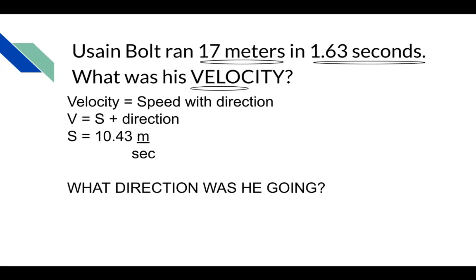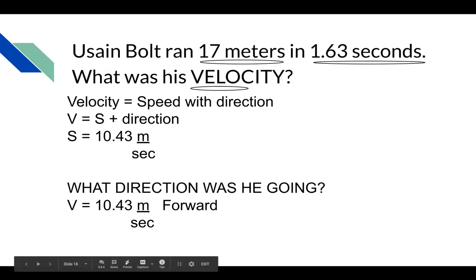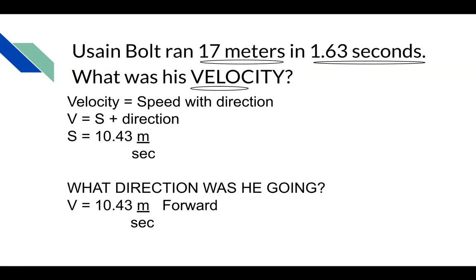Good. I realize you guys are all taking notes, and so you can't do two things at once. Let's see. Sharon, what direction was Usain Bolt going? Forward. He was going forward. The problem didn't give us any direction, so we would just add a logical direction of going forward for his velocity. So again, speed, just distance over time. Velocity is speed with direction for this one here. Okay? Questions for me?